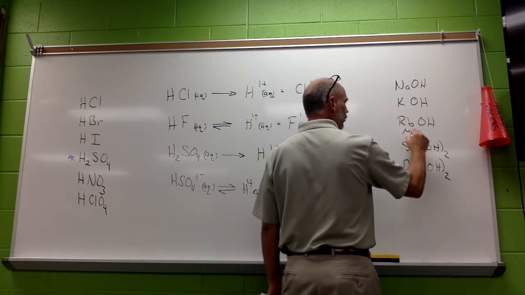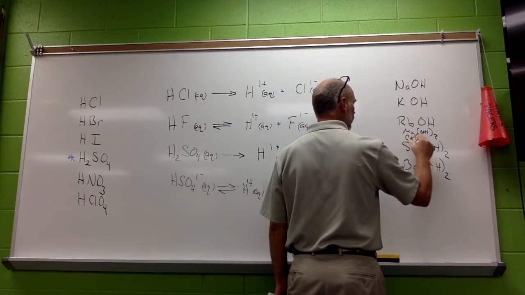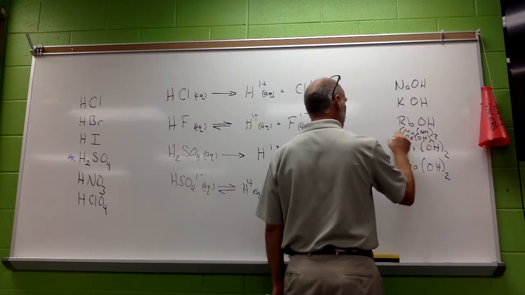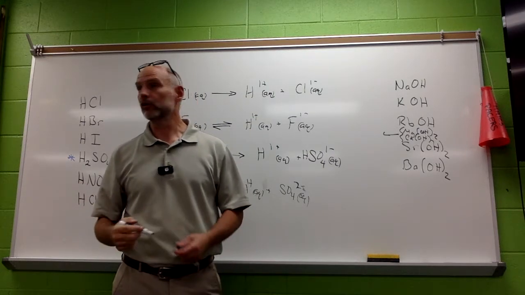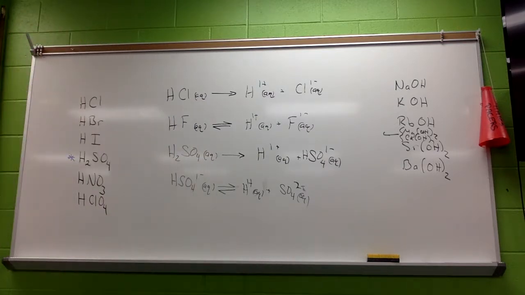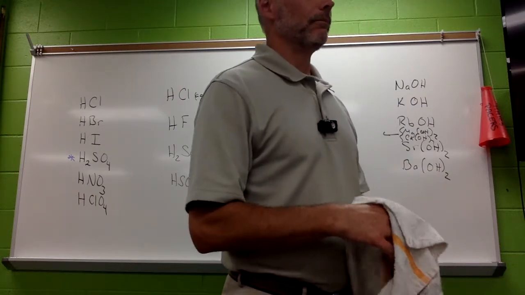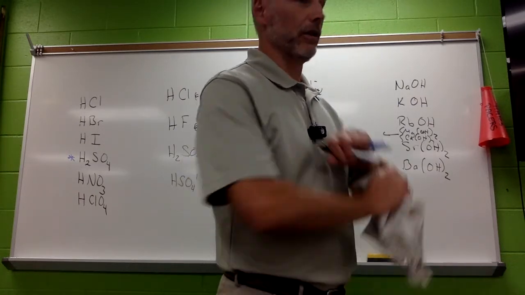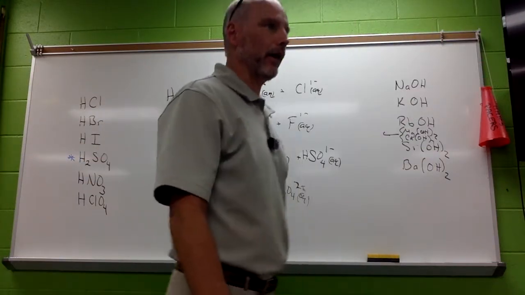I could work in the magnesium and calcium here, but does anyone remember what I said about those? There's solubility issues there. They don't dissolve very well. To the very small extent that they do dissolve, it is a complete dissociation, but you just don't get very much dissolved. So the strong part means the extent of dissociation. So the strong base is completely dissociated. There you go.